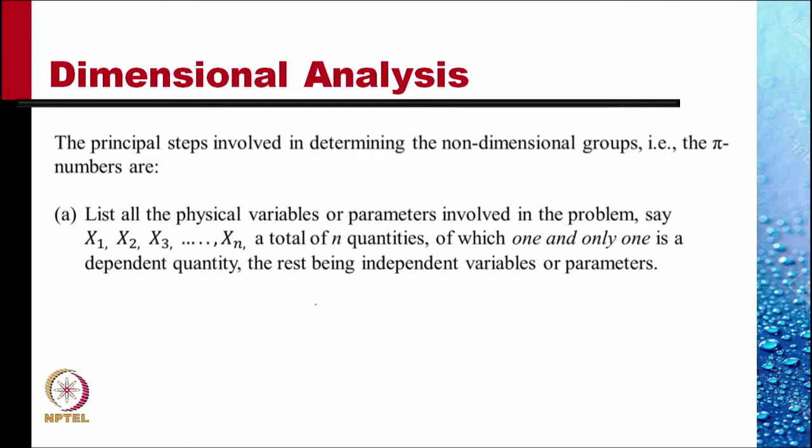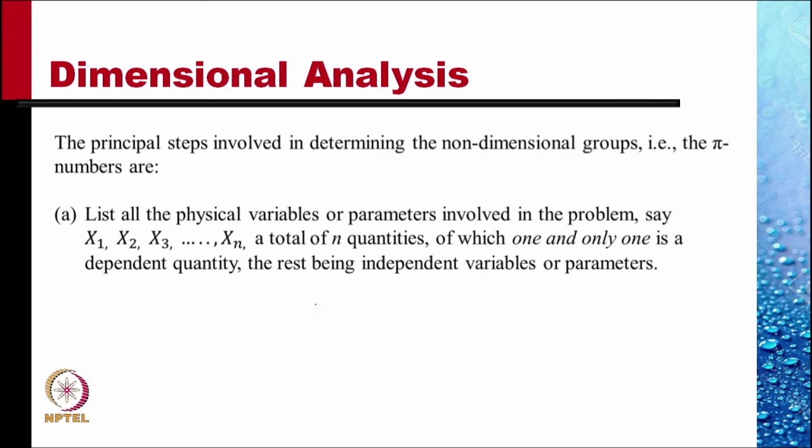We would give here a kind of recipe for carrying out a dimensional analysis. The recipe is rather simple, but the results that are obtained need to be interpreted carefully.